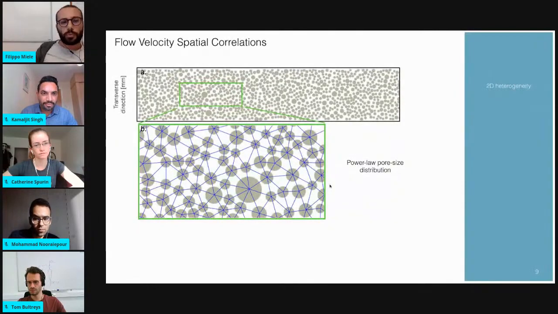Now, what we start with is, at the level of the simulation, we employ this 2D heterogeneous porous media, where the grains are represented by these gray circles, and this porous media is characterized by a given specific power-law distribution for the pore size.